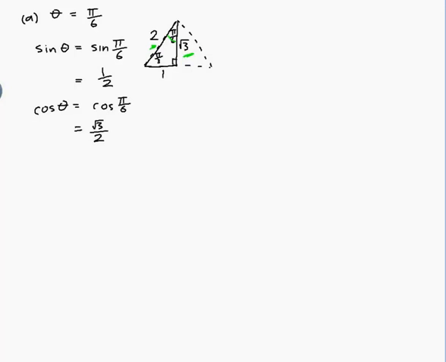Alright, let's find cos and sine of 2 theta now. Sine of 2 theta is sine of 2 times pi on 6, which would be pi on 3. So conveniently I can use this same triangle again to find sine of pi on 3. Pi on 3 is here, and its opposite side is here, and the hypotenuse is here. So opposite over hypotenuse for sine gives me root 3 on 2 for sine of pi on 3.